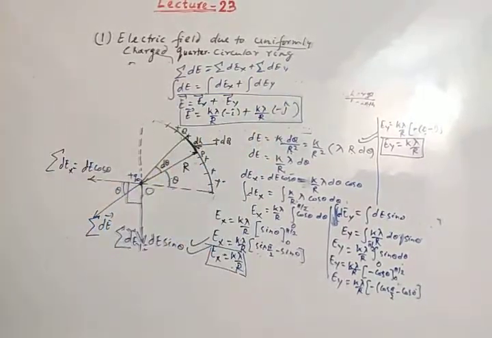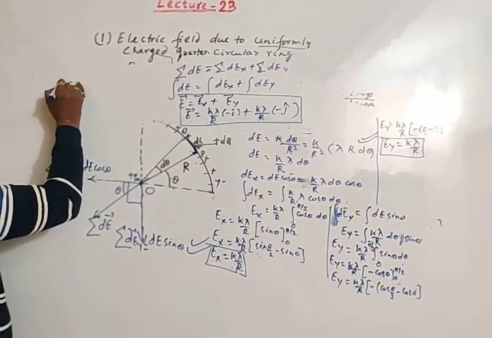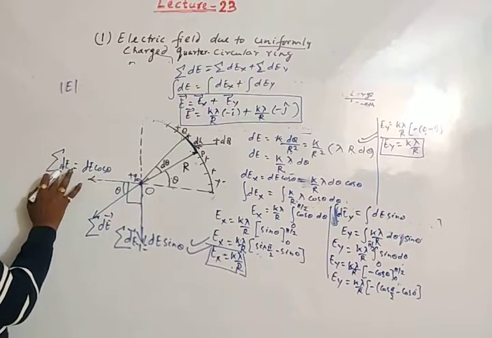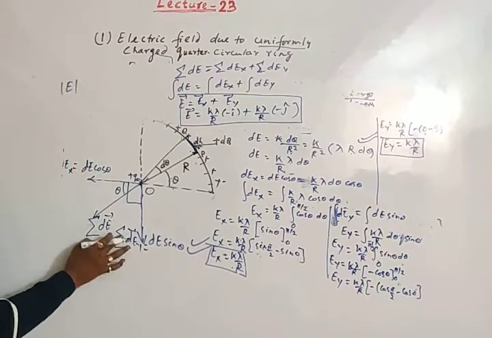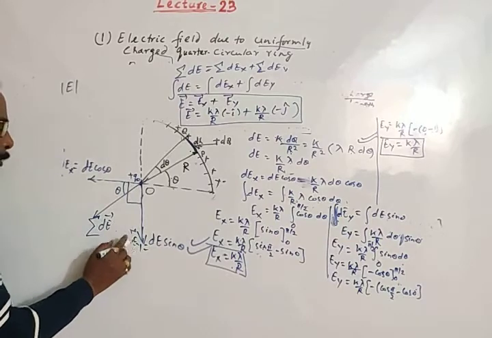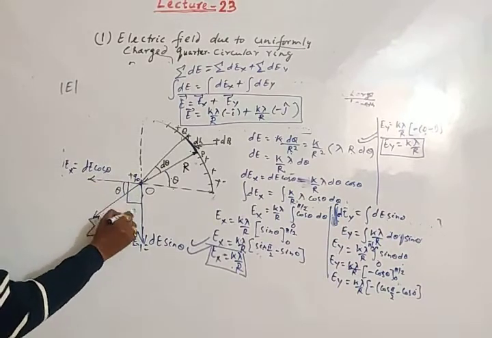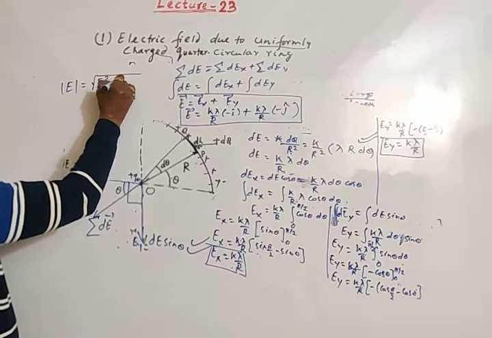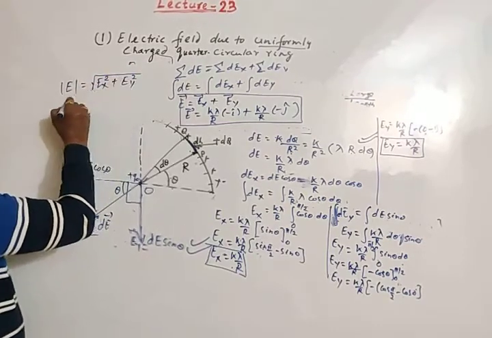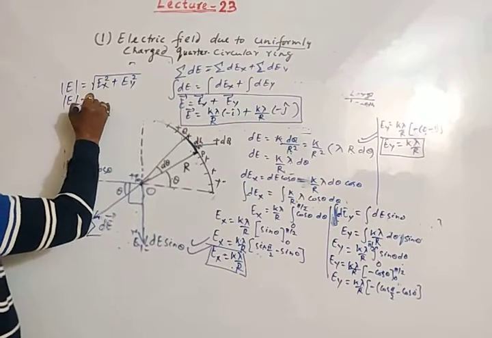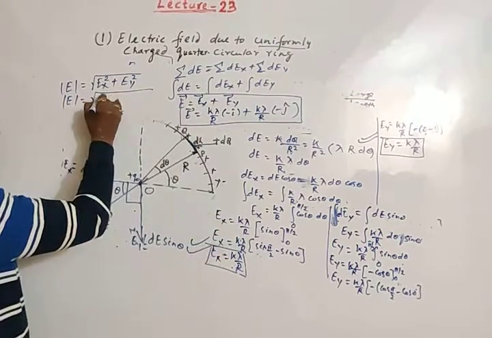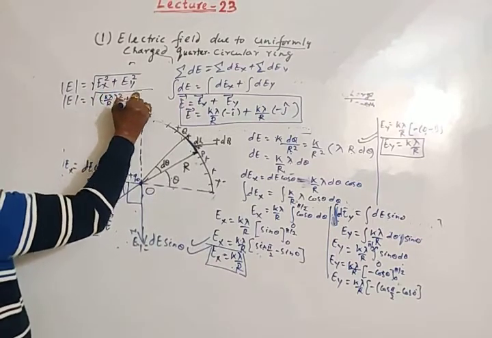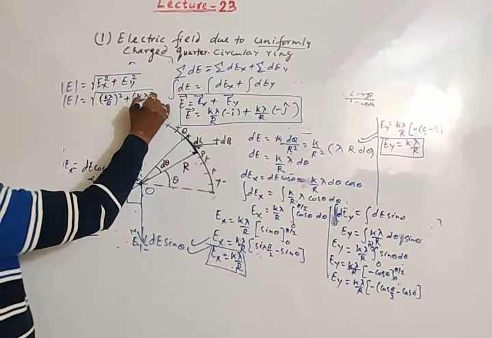If you take the magnitude of the electric field between Ex and Ey, integration of dEx is Ex, integration of dEy is Ey. The angle between them is 90 degrees, so the magnitude is the square root of Ex square plus Ey square, which is the square root of (k lambda by r) square plus (k lambda by r) square.